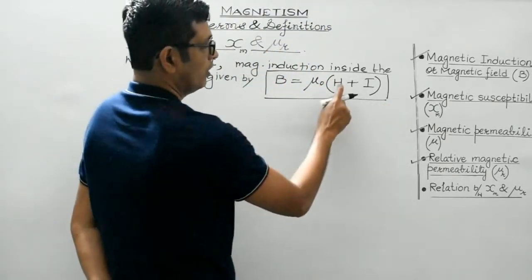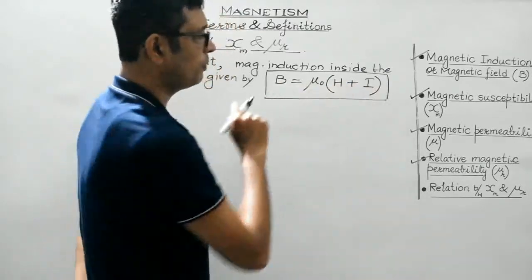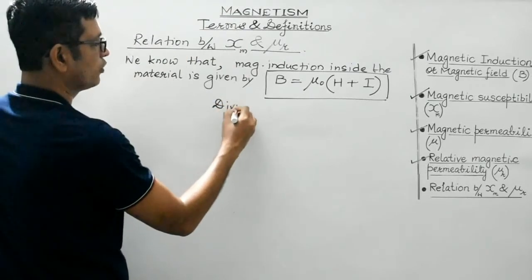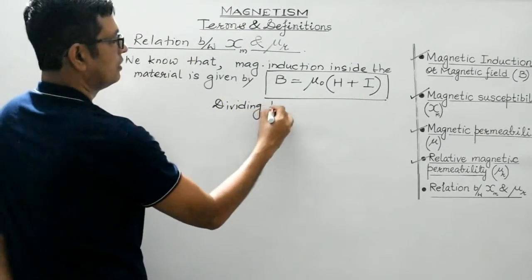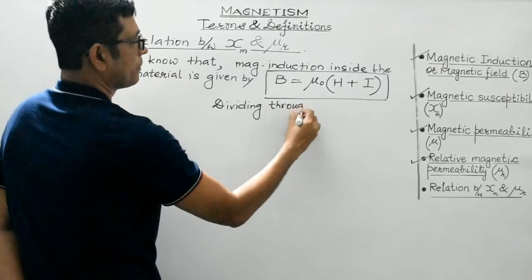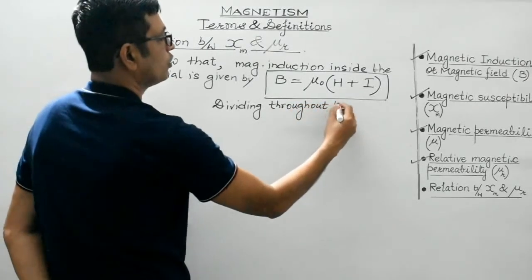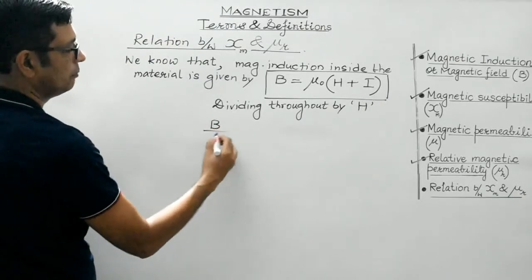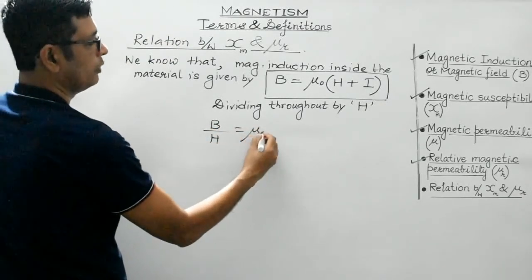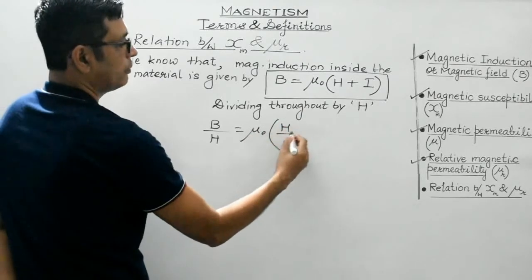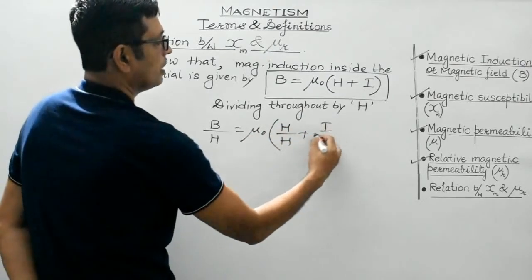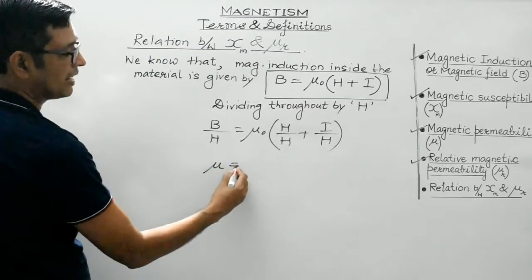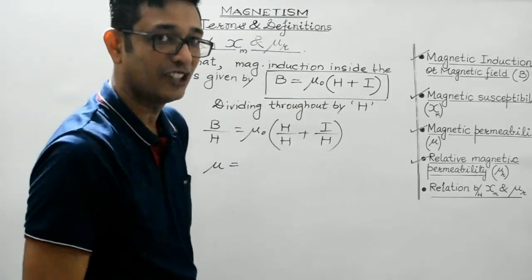Also students, if you divide throughout by H, which is the magnetic intensity, what we get is B by H equal to mu naught into H by H plus I by H. So what do we get? B by H is magnetic permeability, just now we have discussed.